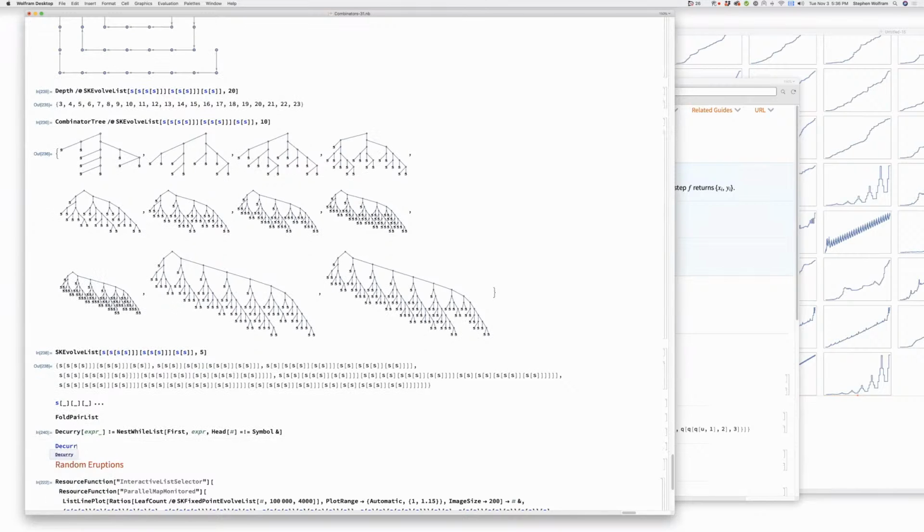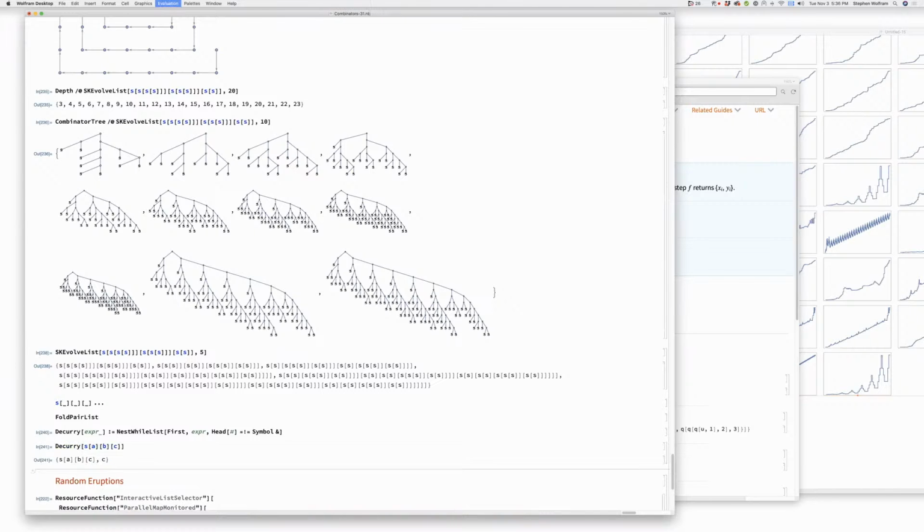Okay, so let's say decurry of S of A, B, C. What's the goal here again, Stephen? I'm trying to turn this into a list S, comma A, comma B, comma C. Okay.